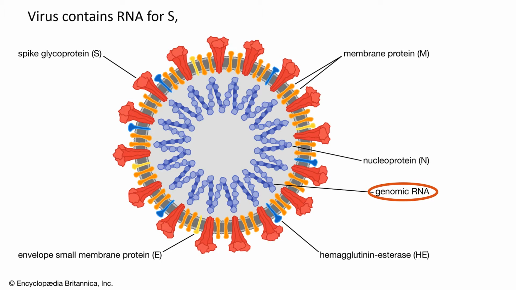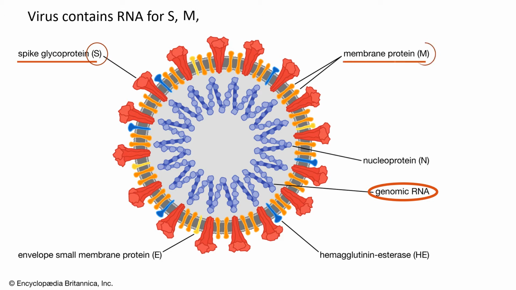And the proteins that it encodes are the spike protein, which is what we see here in the schematic from the Encyclopedia Britannica that I'm using, depicted in red. This particular spike protein is what gives the coronaviruses their name because it looks like a crown, but it also is the piece of protein that allows them to bind the host cell, and that's how they can infect the host cell through the spike protein.